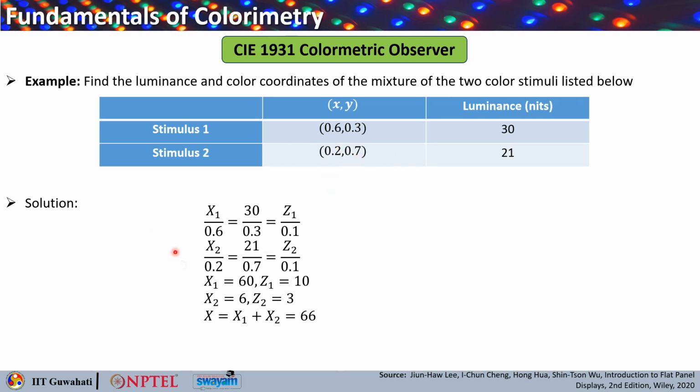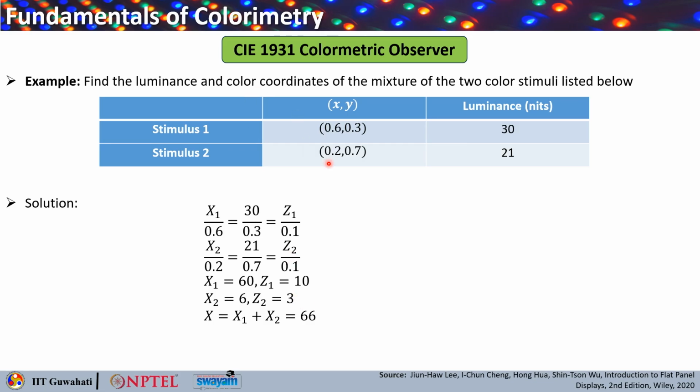For this you can write X2 divided by 0.2 equal to 21, which is the value of capital Y, because that is the luminance V, divided by small y, and that is the same as Z2 divided by small z, which is 0.1. With very simple maths, you get X1 equals 60, Z1 equals 10. From the second equation, you get X2 equals 6, Z2 equals 3.